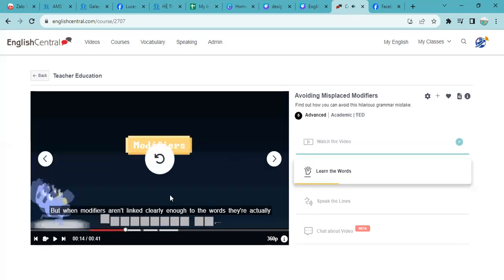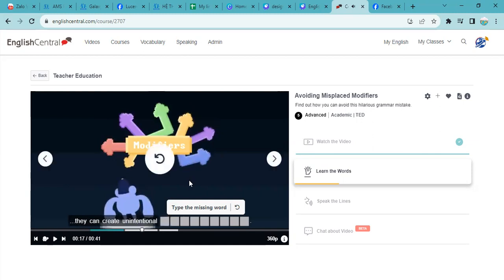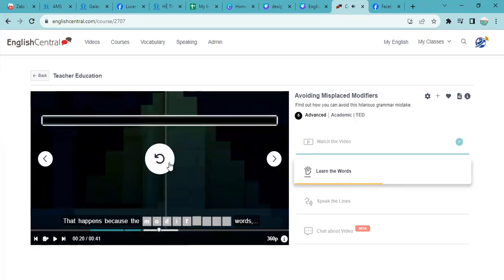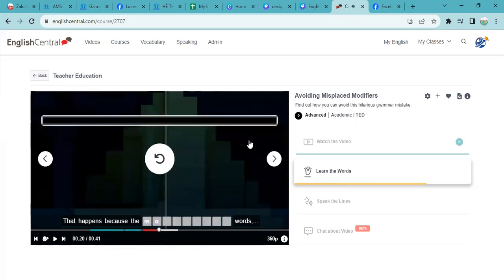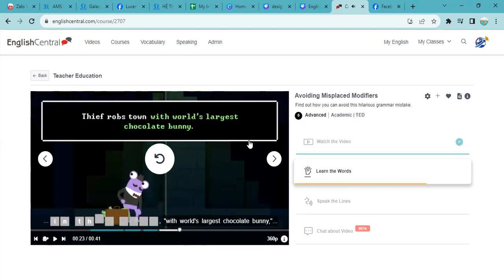Oh, double R. They can create unintentional ambiguity. Unintentional ambiguity. Ambiguity. That happens because the modifying words modify. Modifier. Modifying. In this case, with world's largest chocolate bunny.